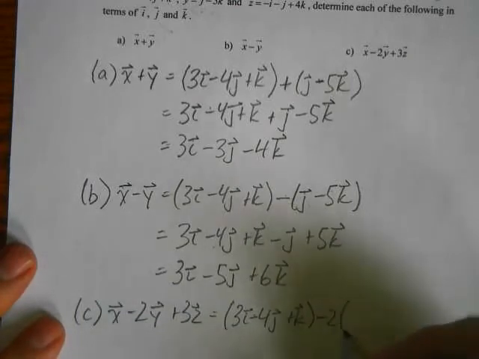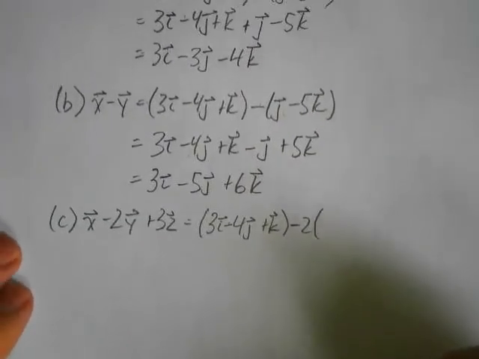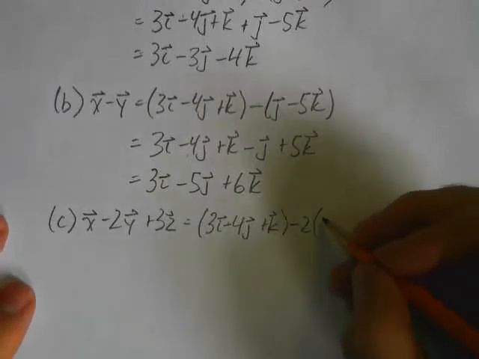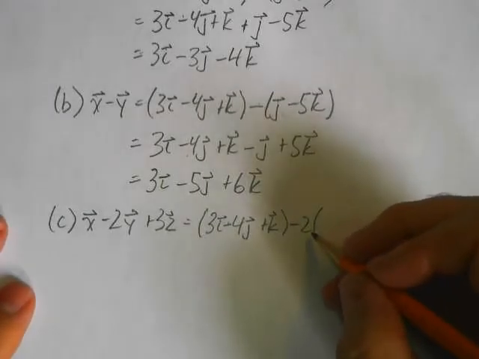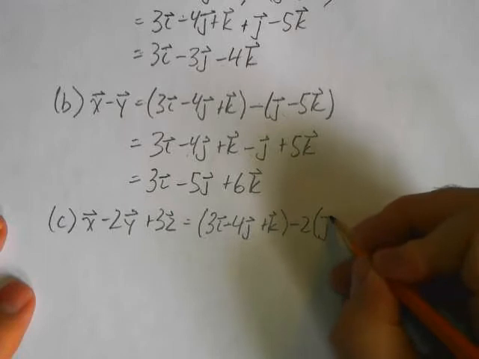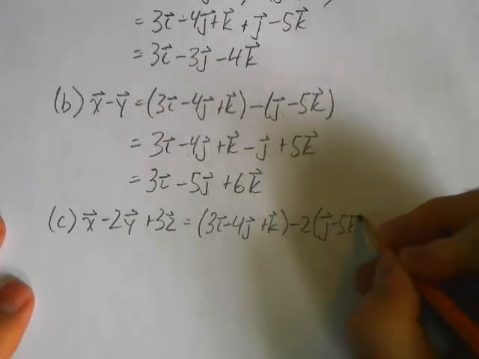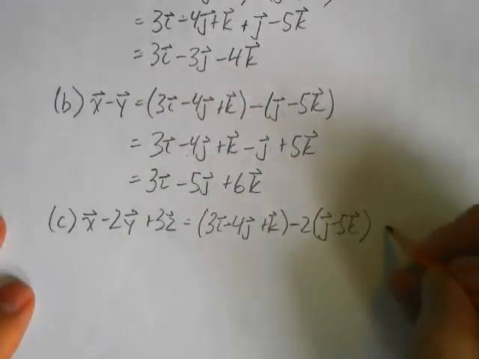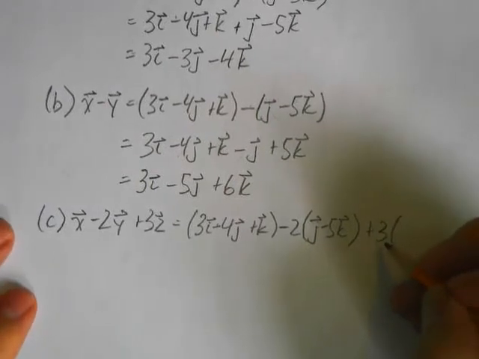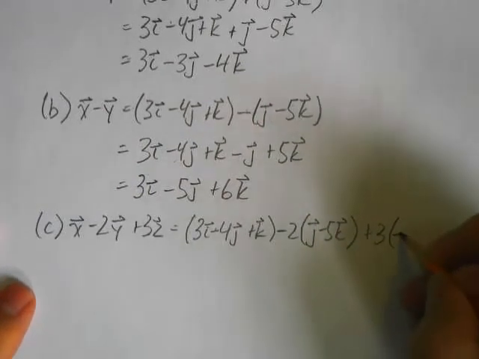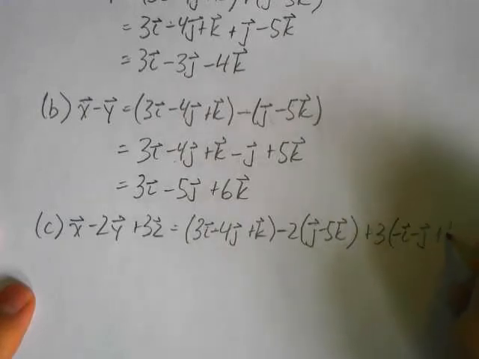This one we do have a scalar, negative 2. So it's negative 2 times j minus 5k. And then plus 3 times vector z, which is negative i minus j plus 4k.